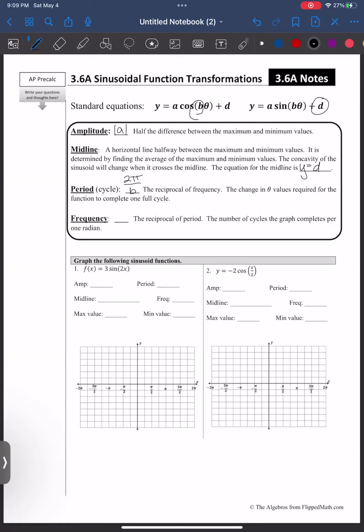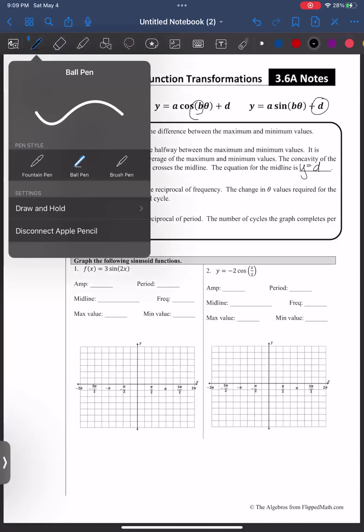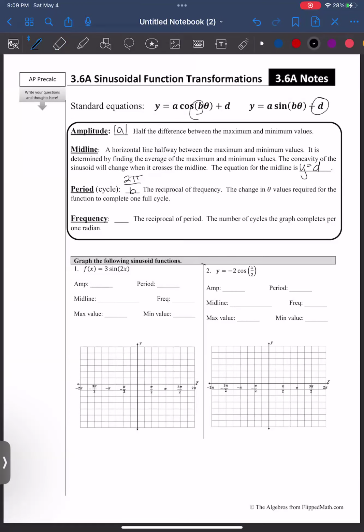So if you had a function that had a horizontal stretch or shrink, you may have one that looks like this, like really, really tight, or you can have some that are like really long, like that. So that's what happens when you have a horizontal stretch or shrink in this case, which is why you have to divide by b for the period, and why in the frequency it's the reciprocal. So it's 2 pi over b.